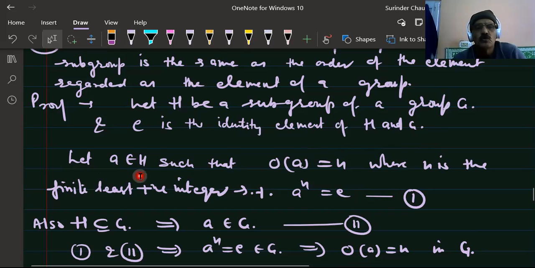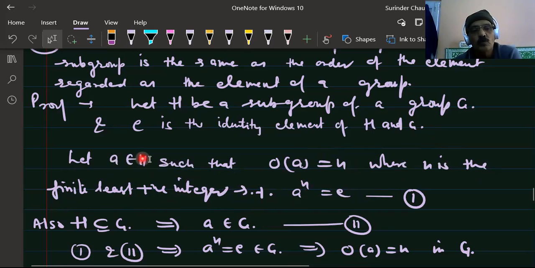Now let A belong to G and A belong to H, such that the order of A is equal to N, where N is the finite least positive integer such that A to the power N is equal to E. This is the definition of the order of an element.